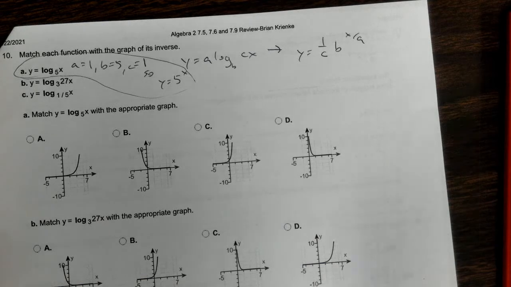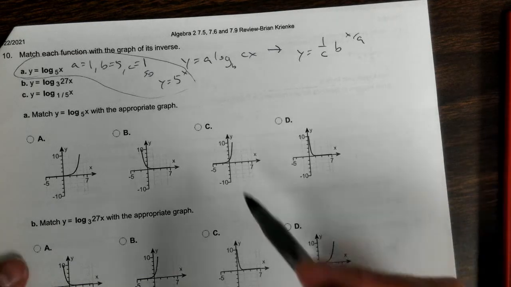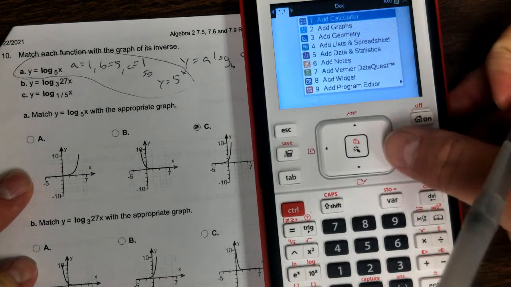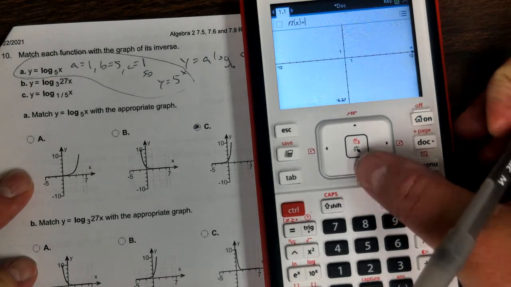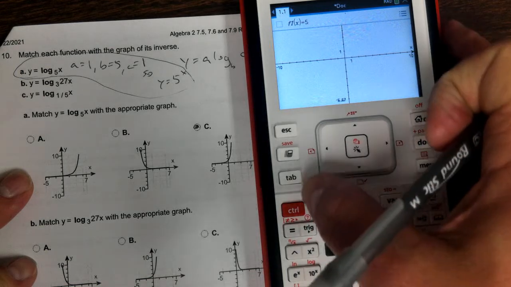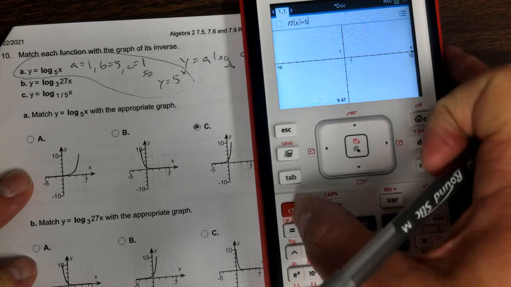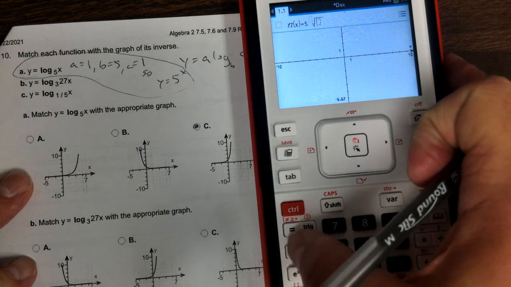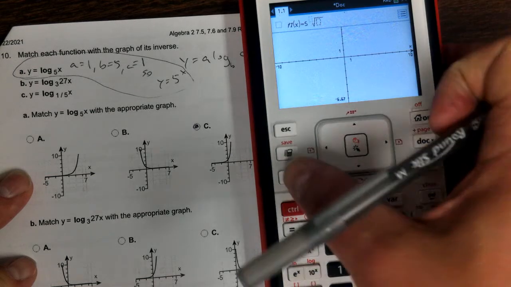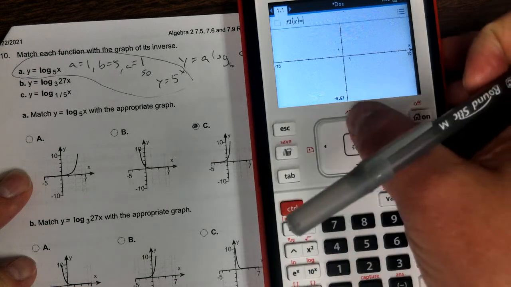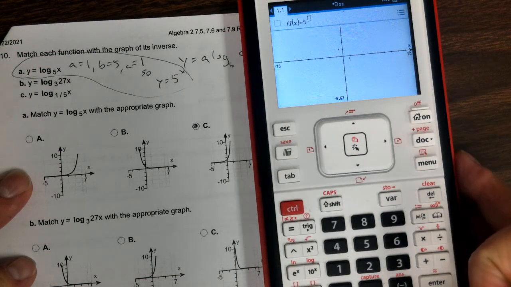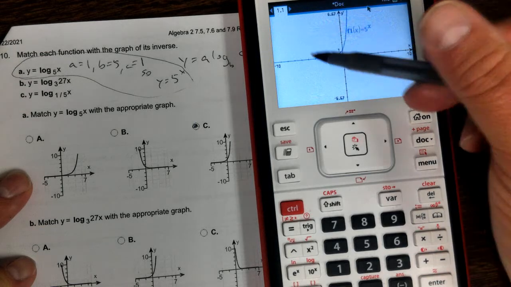If we just go to the graph, 5 raised to the x power looks like that.